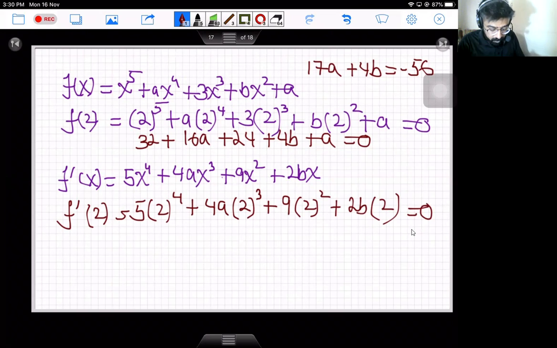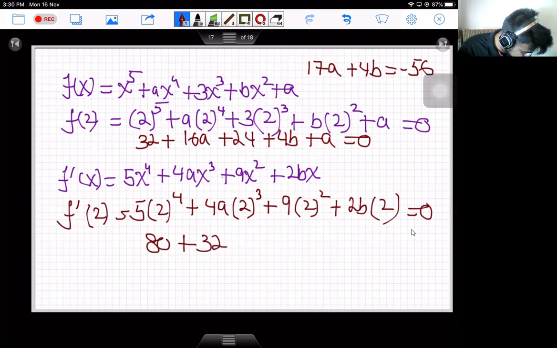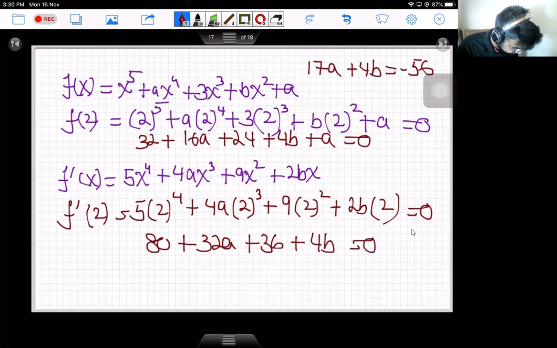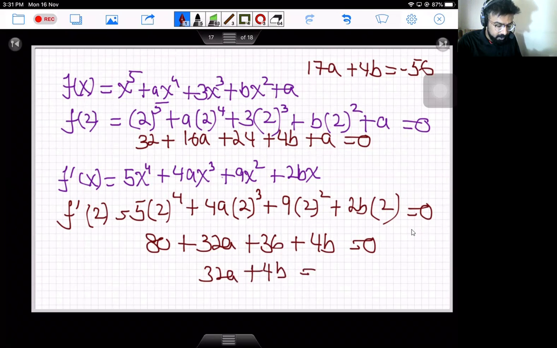So 2 raised to the power 4 is 16. 16 5s are 80 plus 2 cube is 8. 8 4s are 32. 32a and 2 square is 4. 4 9s are 36 plus 4b is equal to 0. So this means 32a plus 4b is equal to 80 plus 36 is 116, but this goes on the left hand side of the equation, so it is minus 116. These are your two connecting equations of the variables a and b.